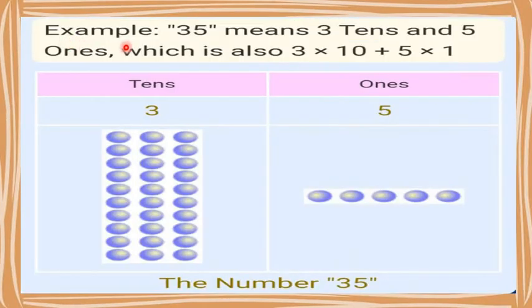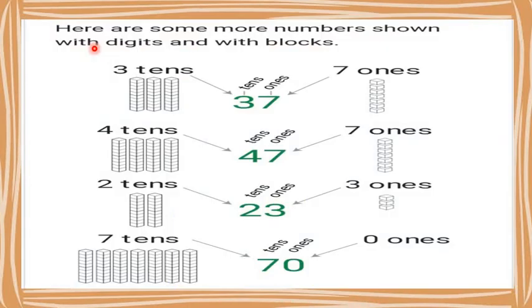One more example. 35 means 3 tens and 5 ones. Okay, look, this is 3 tens and 5 ones, which makes the number 35. Here are some more numbers shown with digits and with blocks. Look, the number is 37.